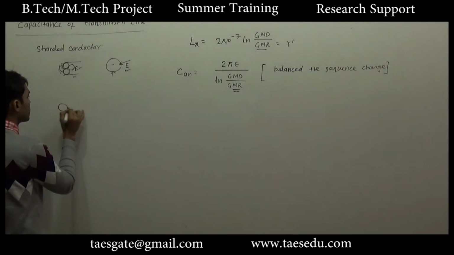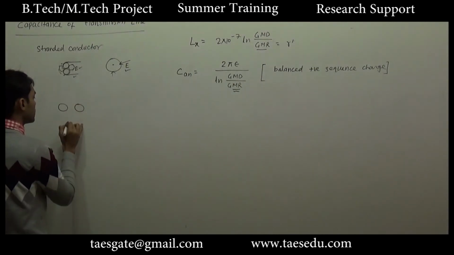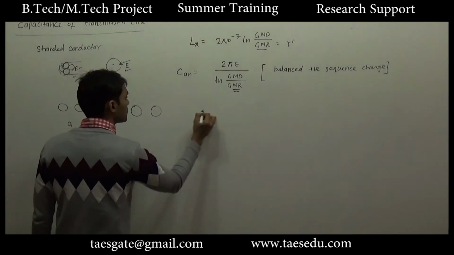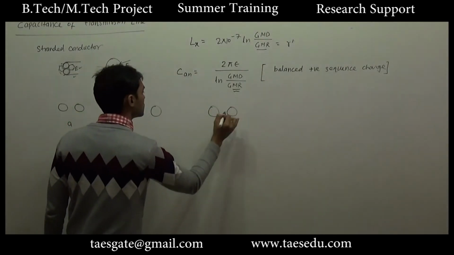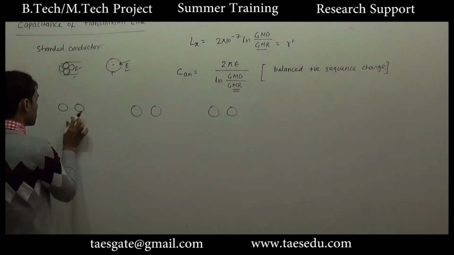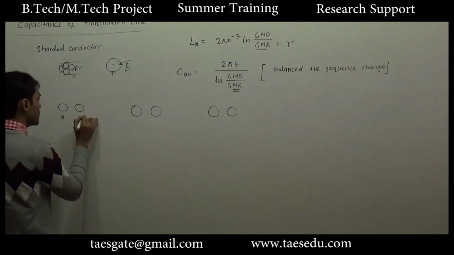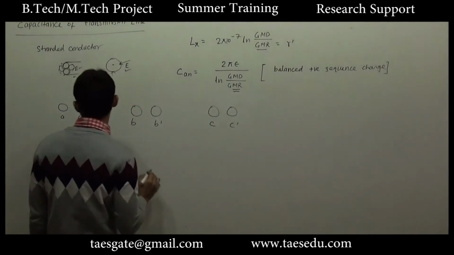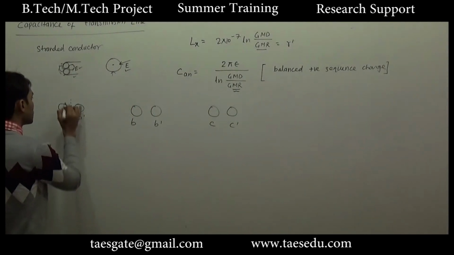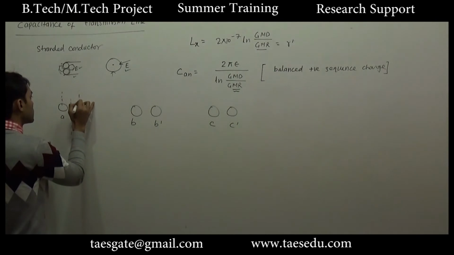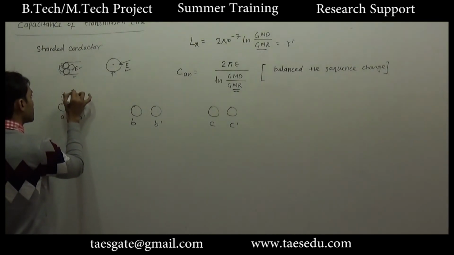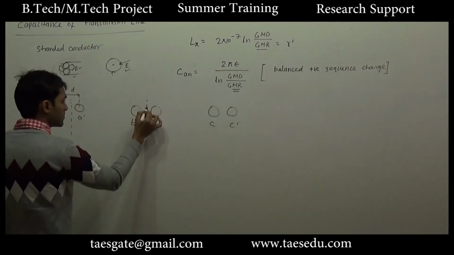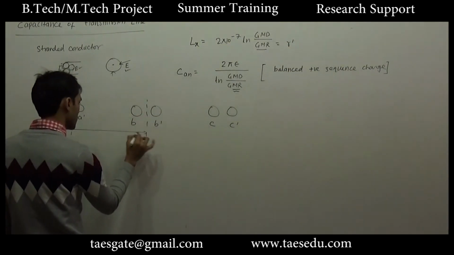Let us take an example of stranded conductors. Let's say we have a 3-wire system. This is for A, this is for B, and this is for C. This is A dash, B dash, C dash. The distance between the two strands is D, and the radius is R. The distance between the A and B phases is, let's say, DAB.